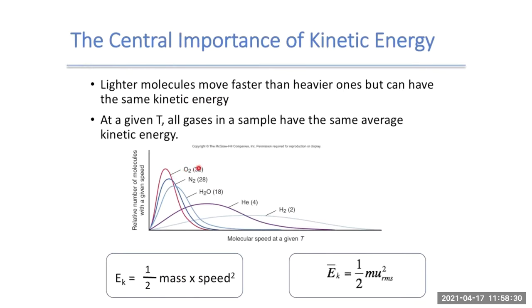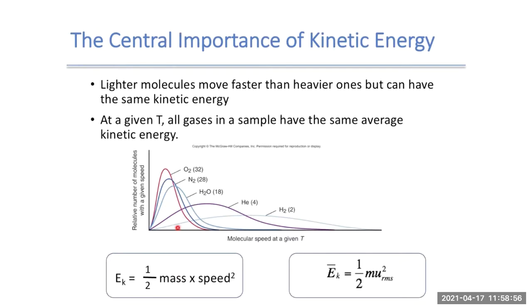So for our oxygen, O2 here, it has a mass of 32 AMUs. That's a lot heavier than hydrogen, which has a mass of 2 AMUs. Since hydrogen is so much lighter, its speed is quicker, but the average kinetic energy will be the same as the O2. Its speed may be slower, but it has a higher mass.